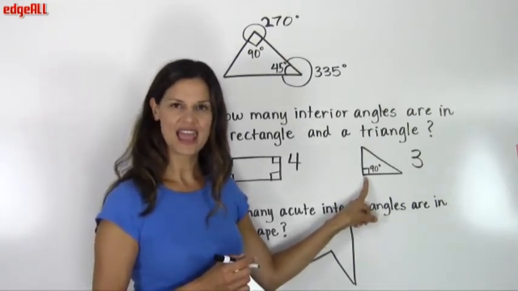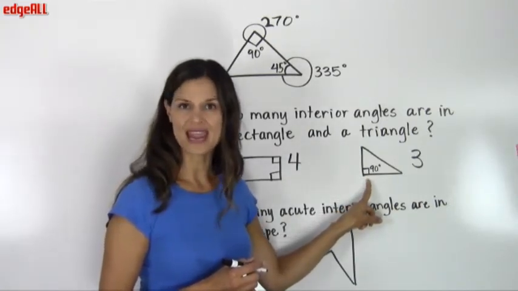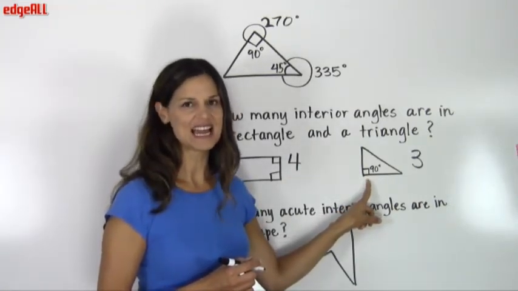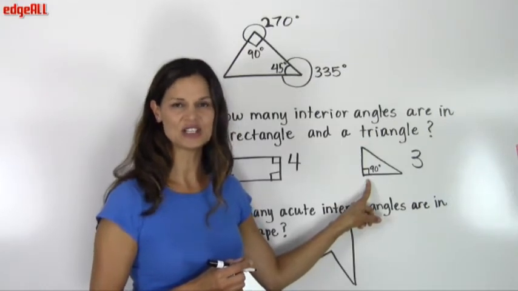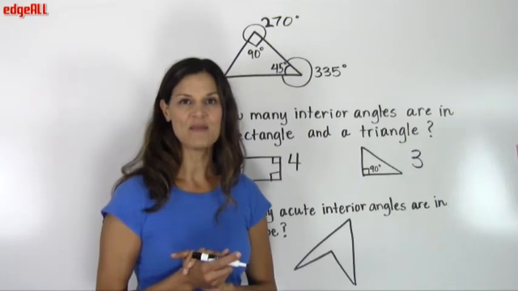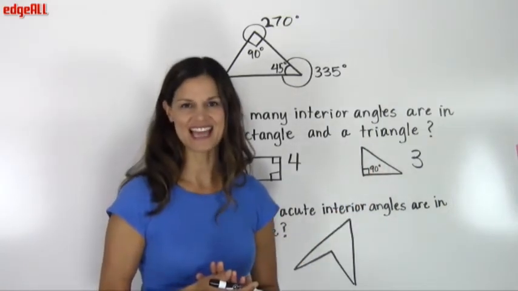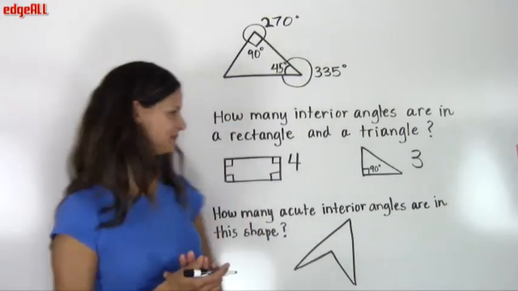When we have a triangle with one 90-degree angle in it, we call it a right triangle. So anytime you hear a triangle referred to as a right triangle, you know for sure one of those interior angles has to be exactly 90 degrees.